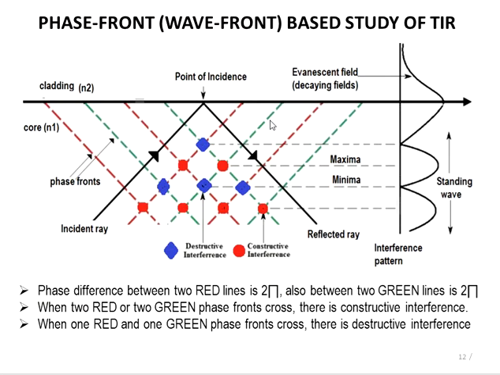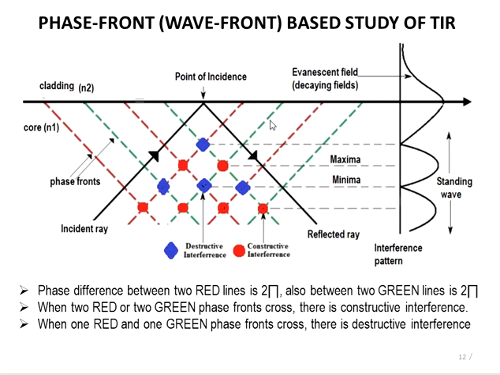So now if we come back to this, we can say because of these constructive and destructive interference, we get different patterns inside the core. Now if the ray is incident within the acceptance angle, but there is no constructive interference, only destructive interference, then definitely that light is not going to propagate through the fiber.